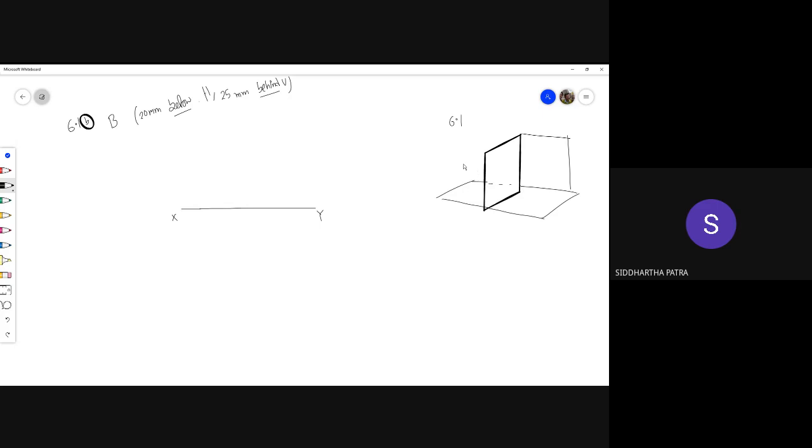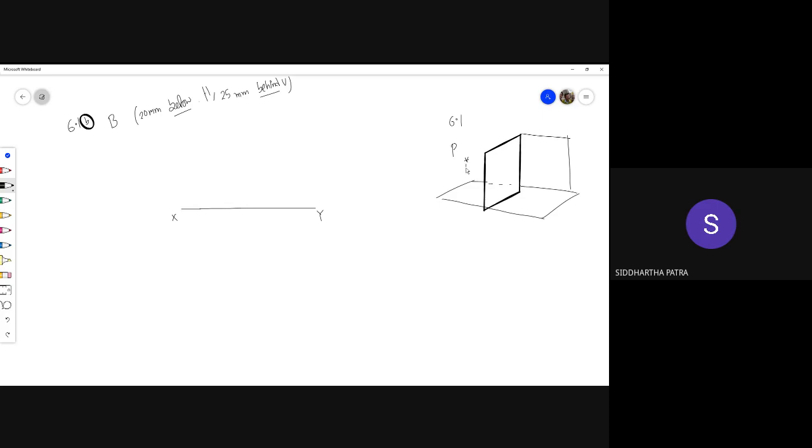So let's, for the time being, take an example of a point which is simply behind the vertical plane. Okay, so let's say we have this point P, which is behind the vertical plane.